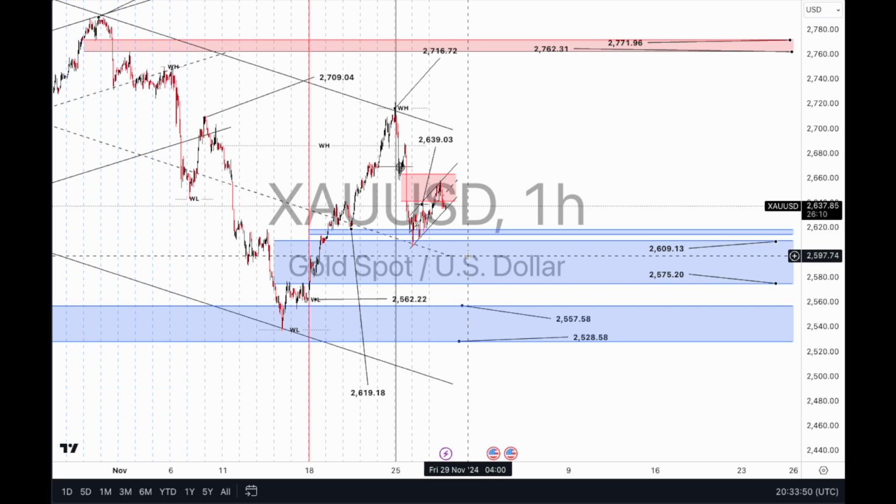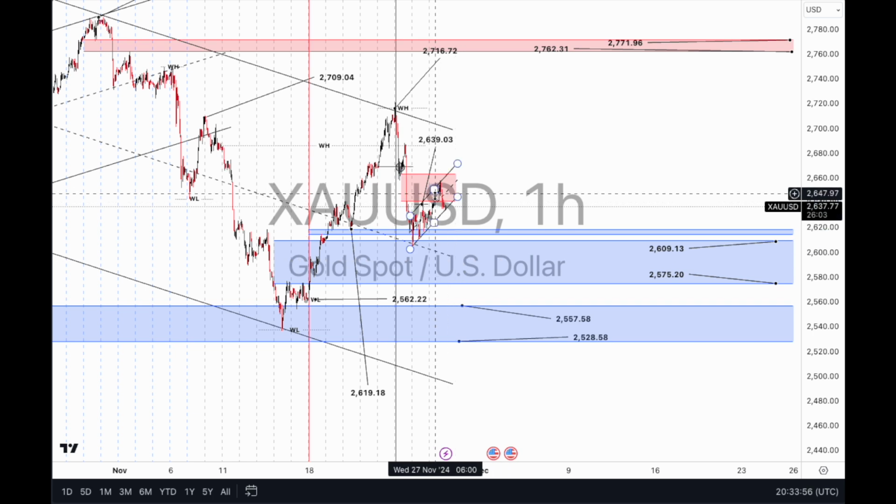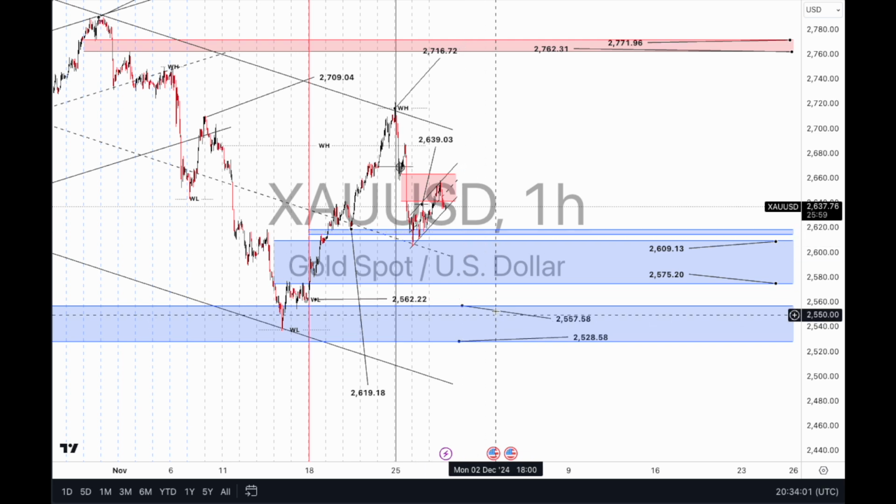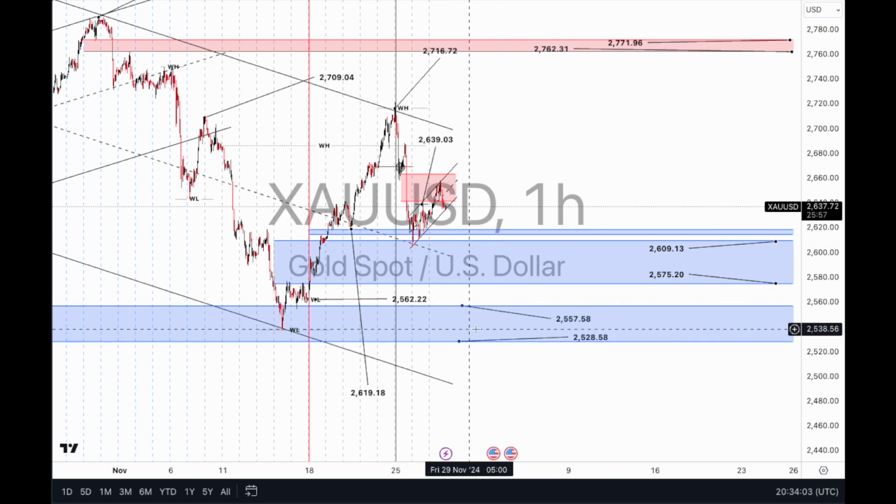So it came in there yesterday and it's now moving away, and I believe at some point when this structure breaks, and I believe it will break to the downside, I'm expecting price to make its way down to this particular FVG zone, which would be 2557.58, and on the low side we're looking at 2528.58. So I believe price will make its way down to these zones.